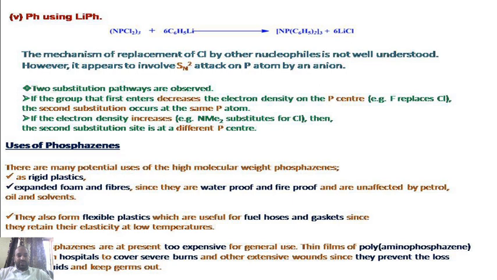Moreover, they can be used as expanded foam and fibers, since these phosphazenes are waterproof and even fireproof, and are also unaffected by petrol, oil, or even acids. They also form flexible plastics which are useful for fuel hoses and gaskets, since they retain their elasticity at low temperature.